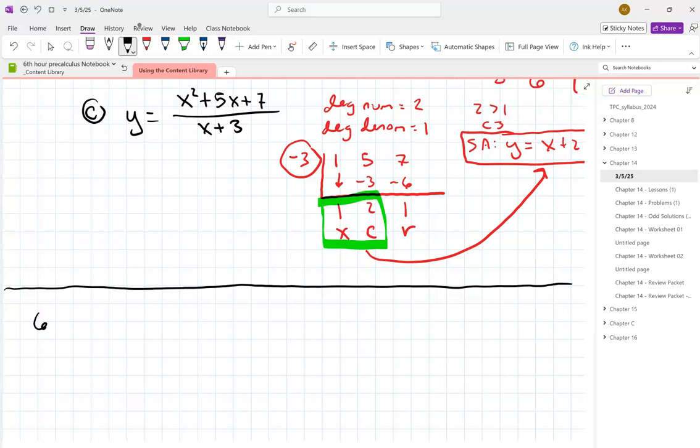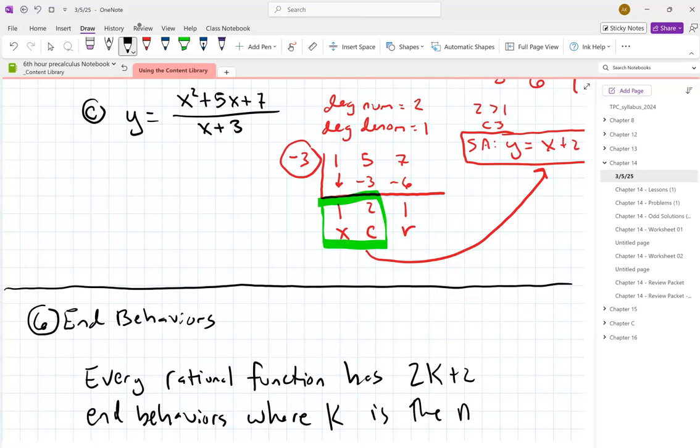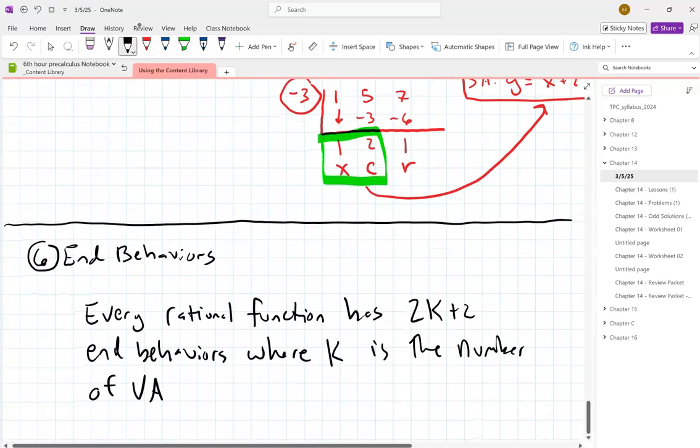The last thing to talk about are now end behaviors. So every rational function has 2k plus 2 end behaviors, where k is the number of vertical asymptotes.